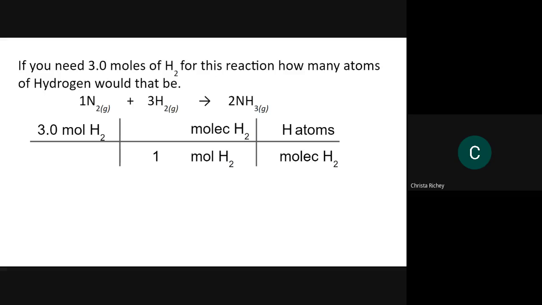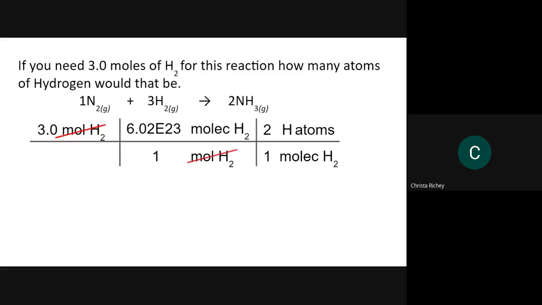What's the special number that we keep talking about? Avogadro's number. That's exactly correct. And then 1 molecule of hydrogen gas has how many hydrogens in it? 2. It's a subscript.